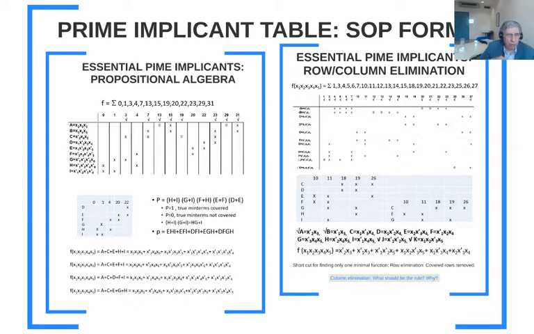So in this video, we will be giving you a systematic way of finding the minimal number of prime implicants, which covers the true minterms which are not covered by essential prime implicants. So this video is all about the systematic way of it, and we're going to give an alternative, fast way of finding these minimal number of prime implicants.